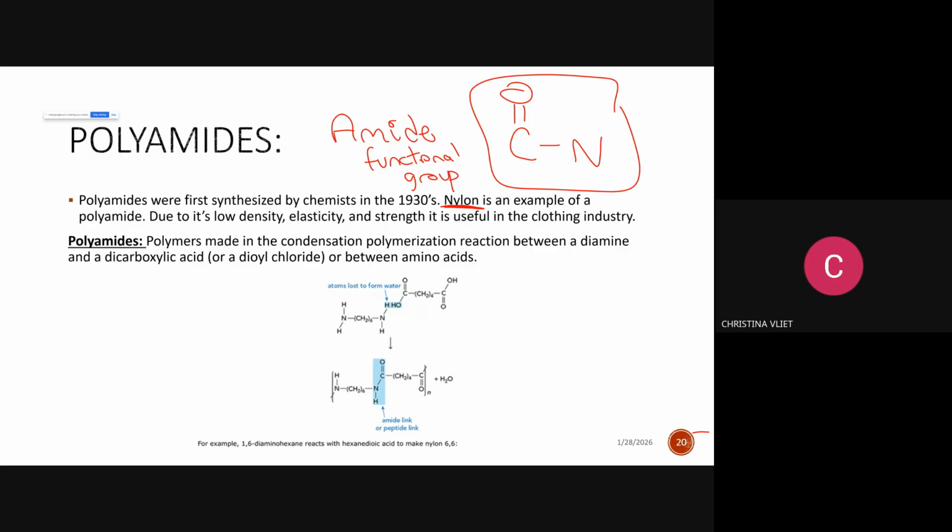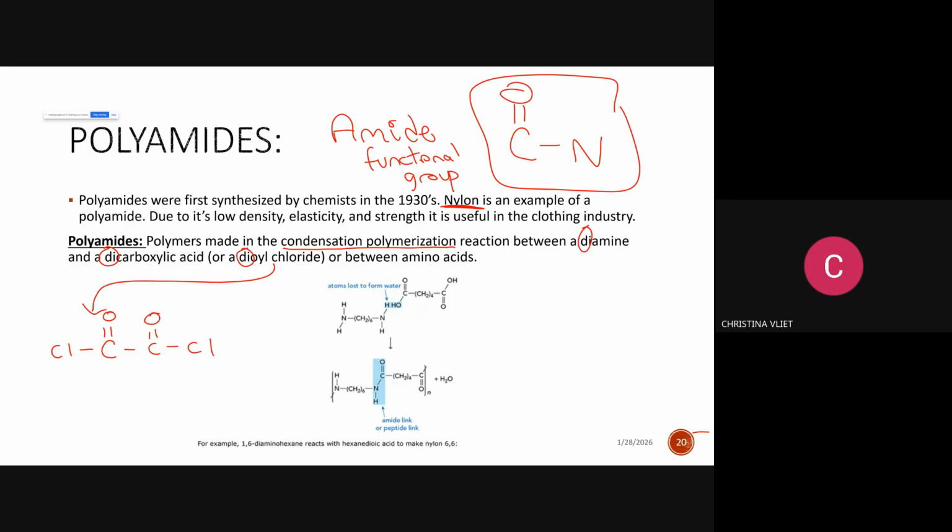Polyamides are made in the condensation polymerization reaction between a diamine, 2 amines, and a dicarboxylic acid or a dioyl chloride. You must be like, what is a dioyl chloride? It's this.